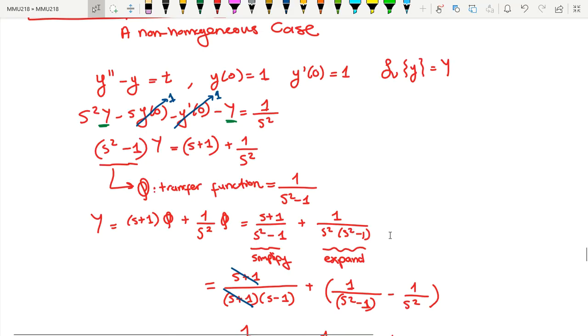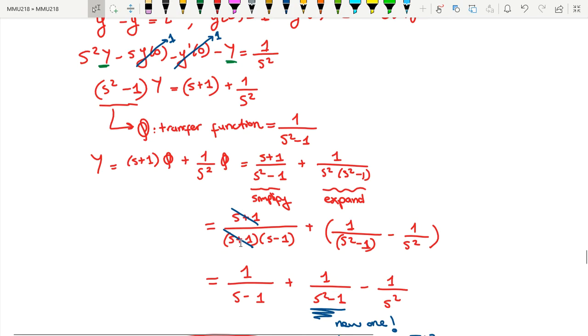It looks ugly at first, and you don't know exactly how to sort it out so that you can take the inverse of that to get the real y of t, by taking the inverse of both sides. But I can simplify this one further and expand this one further. So s squared minus 1 can be expressed as (s plus 1) times (s minus 1).